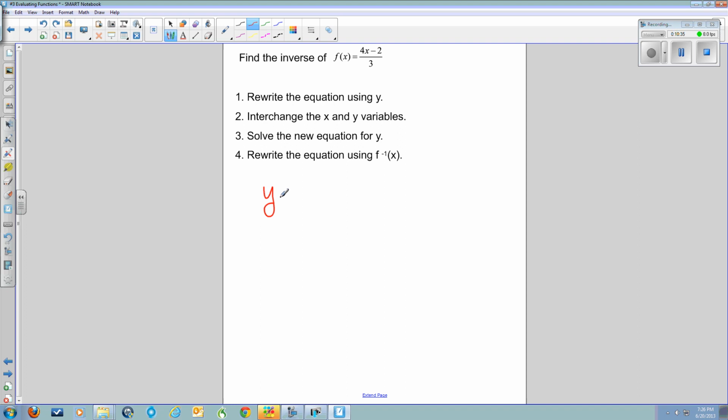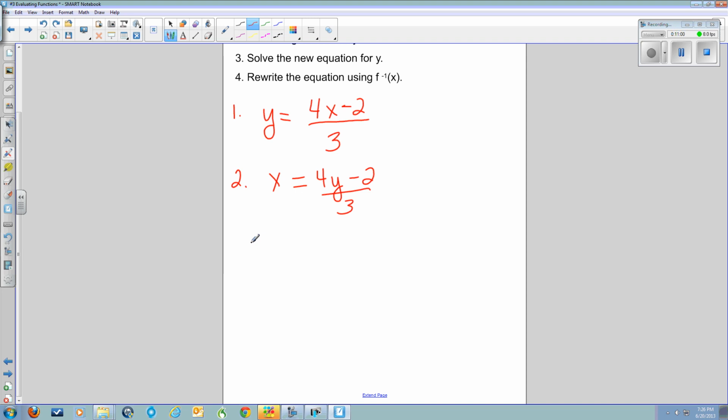So we're going to start by just saying y equals 4x minus 2 over 3. So that's the first part. Second part, we switch the x and the y variables. And then in the third part, we solve the equation for y.